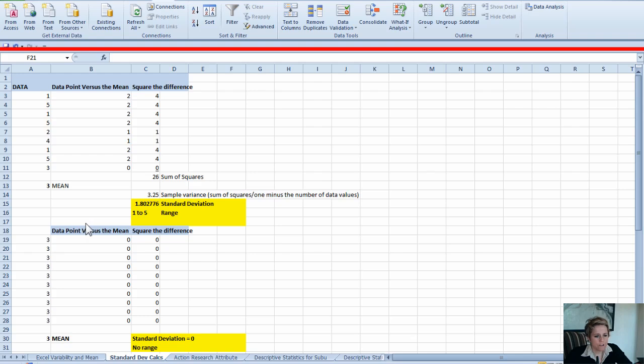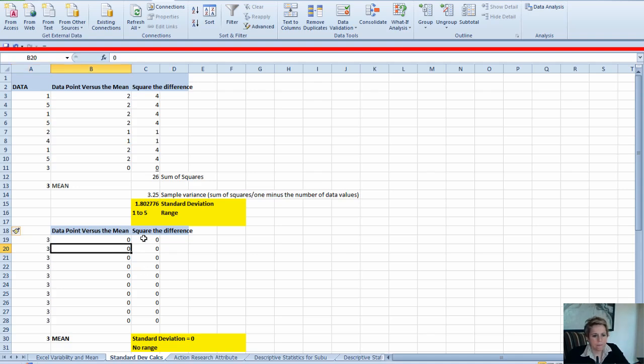Now if you look at it, it's called consider the data point versus the mean. So what you would do here is subtract each data point from the mean. So in this case, this data point minus the mean is 0. There's no variability away from the mean. Again, second data point, 3 minus 3 is 0. There's no variation from it.